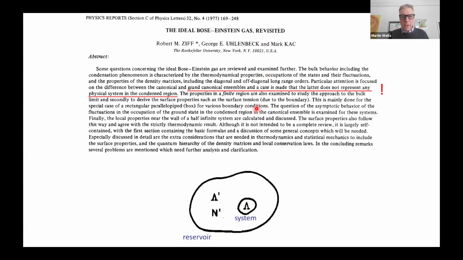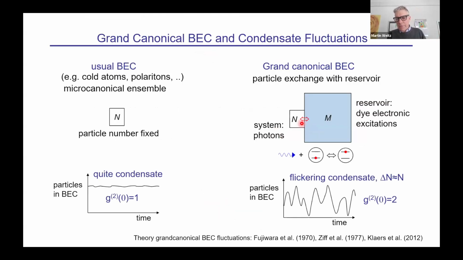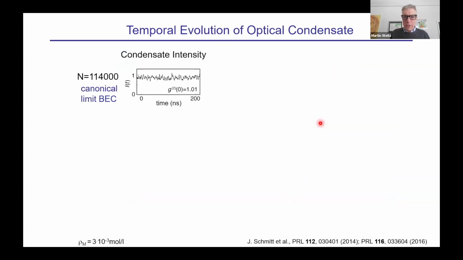So they calculated that, but they were not very careful, because in the abstract they wrote, a case is made that the grand canonical ensemble doesn't represent a physical system in the condensed state. But what they did not consider is this case of a direct exchange between two different species where one can have internal conversion. And this is faster. And in this case, one can have a grand canonical condensate.